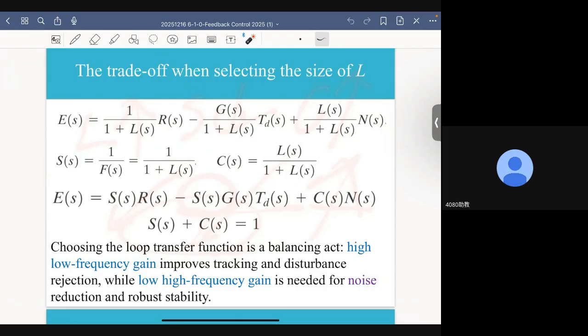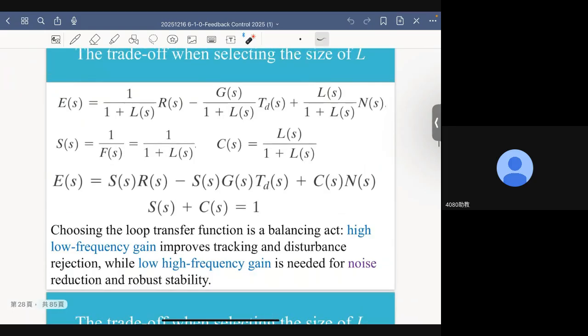So apparently, we need a trade-off in tuning the magnitude of L. There is a trade-off in selecting the size of L, all right? Because if you make this term smaller, this term will become larger, okay? Now, why is that the case, okay? Of course, I can tell you that that's what mathematics tells us, okay?